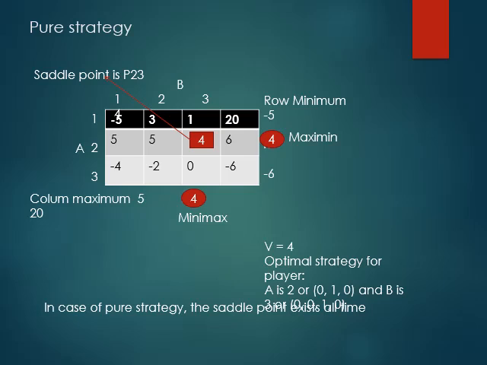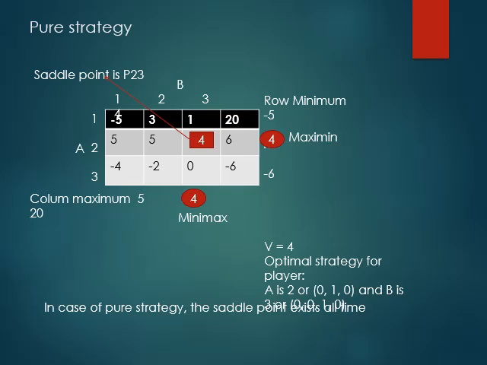For row 2, the minimum value is 4. 4 is less than 5 and less than 6. For row 3, the minimum value is negative 6.